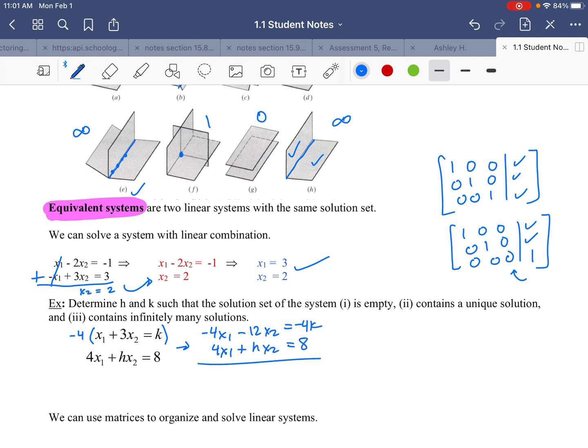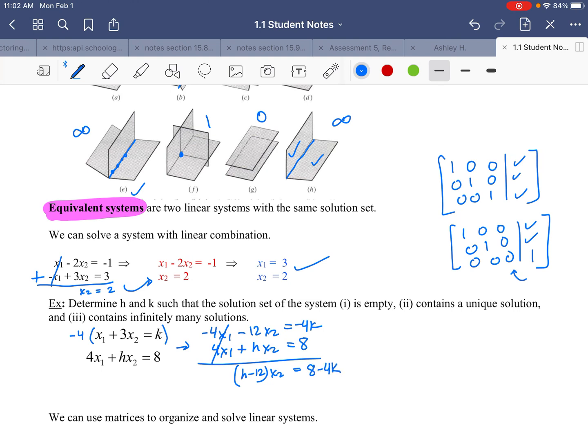And we're doing this because I want to see what h and k have to be for there to be no solution, unique solution, and infinite solutions. All right, so if I add these together, this is gone. I would get h minus 12 with x2. And this, if I put it nicely, I'll have 8 minus 4k.